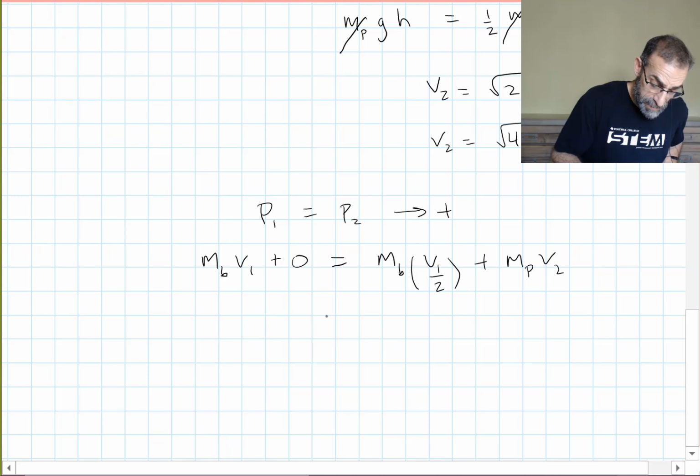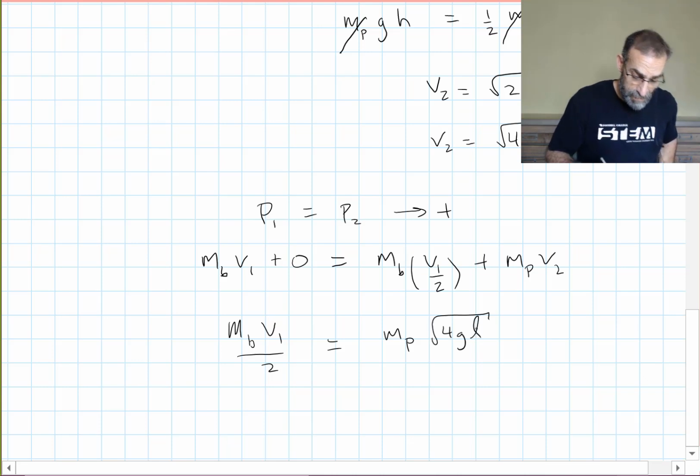So this is going to be this one minus a half, right? So this is going to be MB V1 over 2. And this is going to be MP 4GL square root. We could take the 2 out if we wanted to. And we're solving for V1, right?